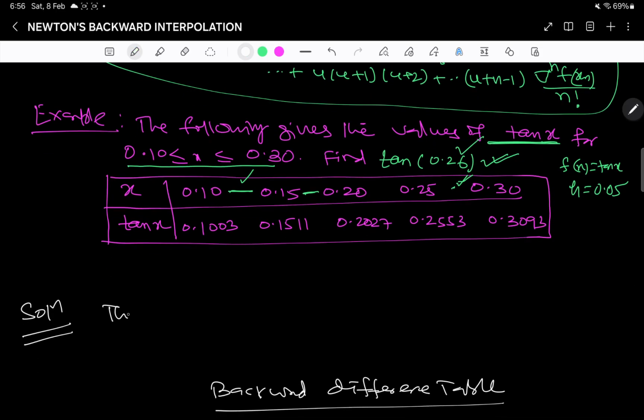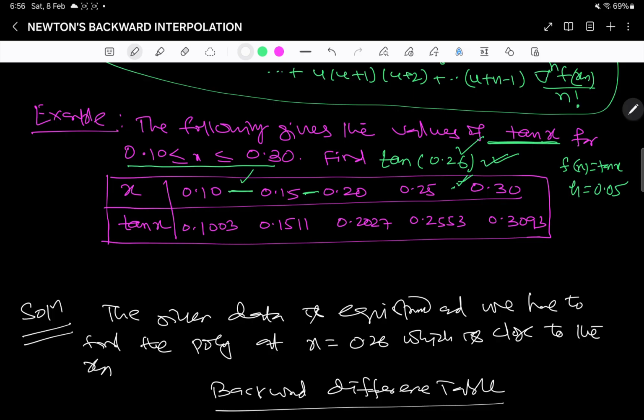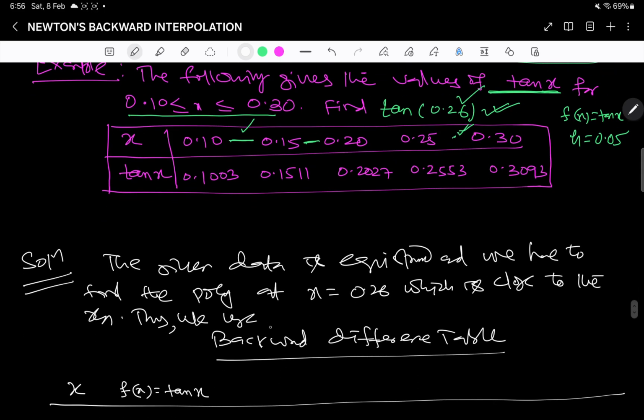The given data is equispaced, and we have to find the polynomial at x equal to 0.26, which is close to xn. Thus we use Newton backward interpolation formula.